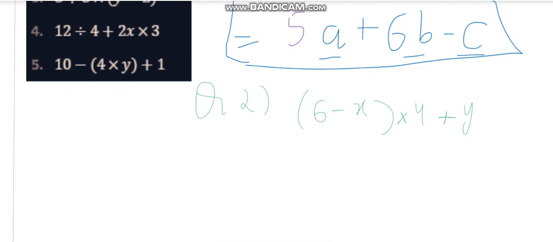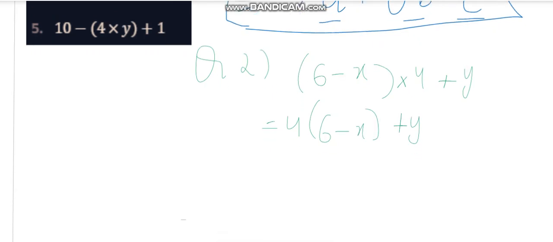In simpler terms, we can write it like 4 outside the bracket and 6 minus x. This means the same thing, that this is being multiplied with the brackets, and so 6 fours are 24 minus 4x plus y. And this cannot be simplified further because these are again unlike terms. This is a constant. The variables here are different, so this is right.